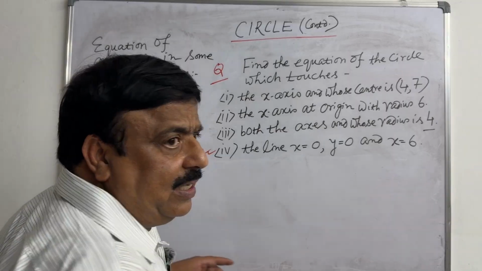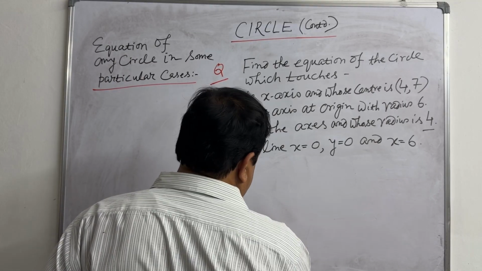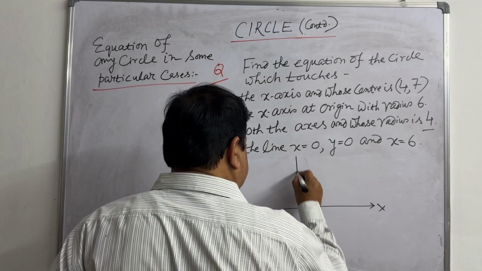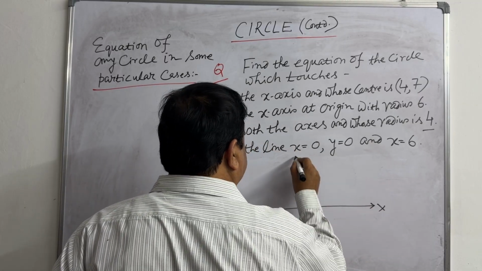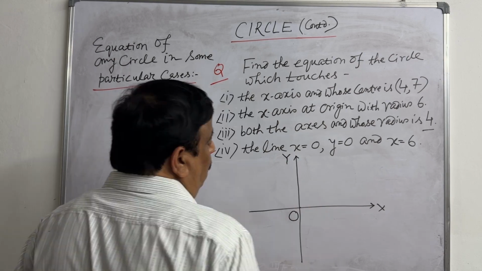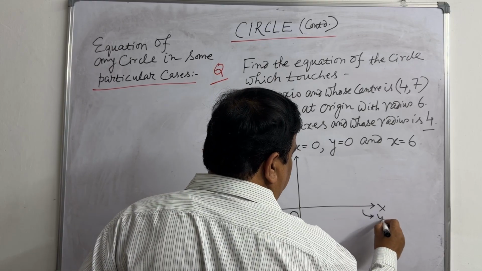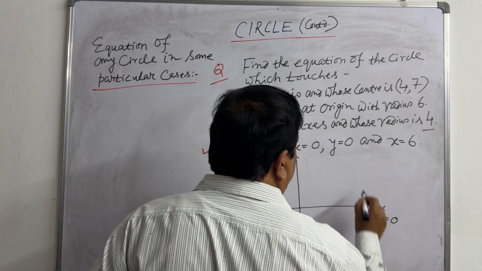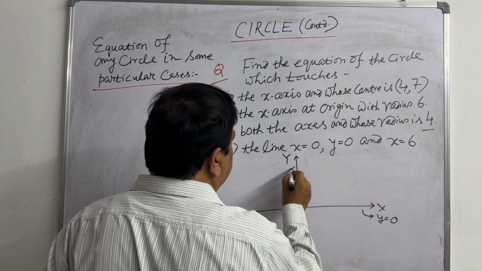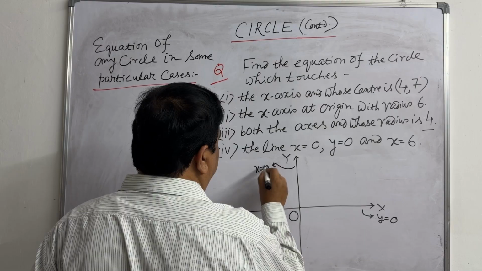Let's draw the circle to understand this concept. Say this is the x-axis and this is your y-axis. Here is your origin. What is the equation of the x-axis? That is y is equal to 0. And what is the equation of the y-axis? That is x is equal to 0.